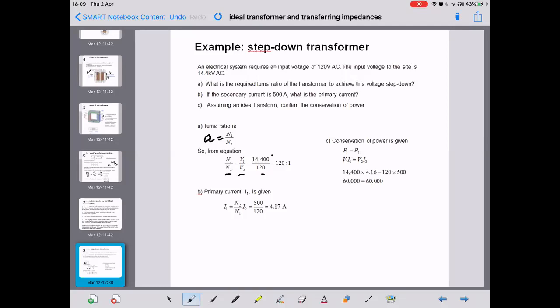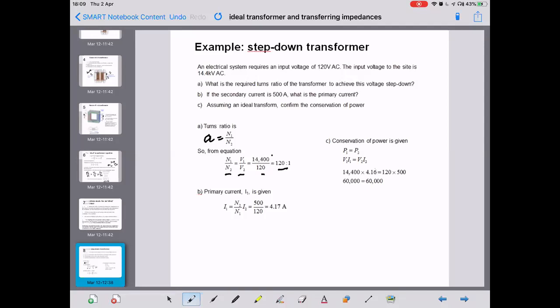So that turns into a ratio of 120 to 1, because 120 goes into 14,400 120 times. So if we had one turn on the secondary, we'd need 120 turns on the primary. Or we could say for every turn on the secondary, we'd need 120 turns on the primary.